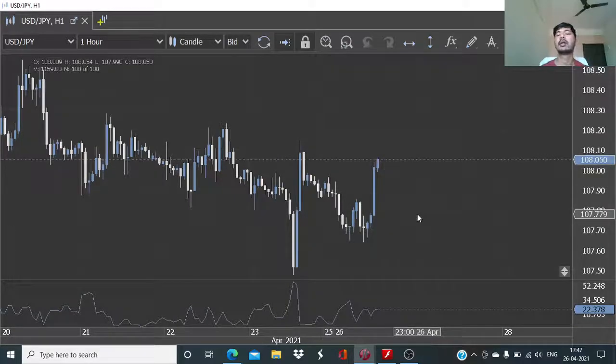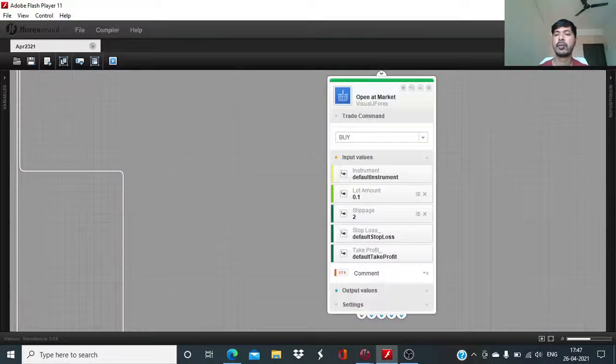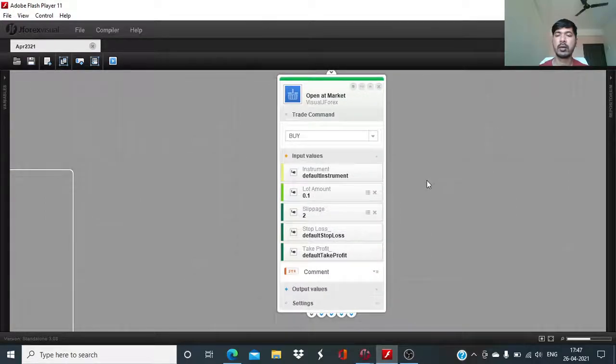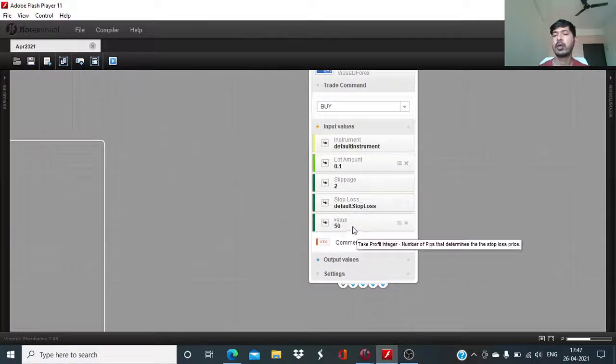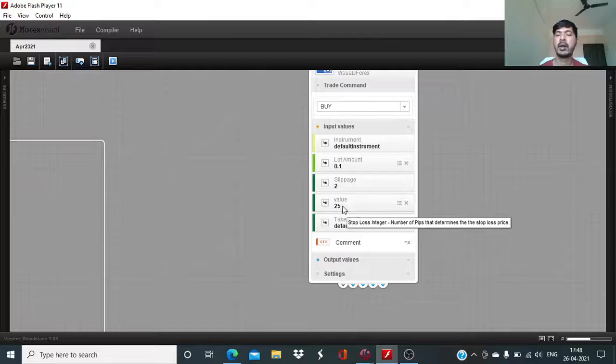So we will get the risk reward ratio of 1 is to 2, and as I said, it will be in line with the market momentum. So that is one of the best way to define this. Otherwise, you can go for a static stop loss or take profit also. All you have to do is hard code or simply write here the value.